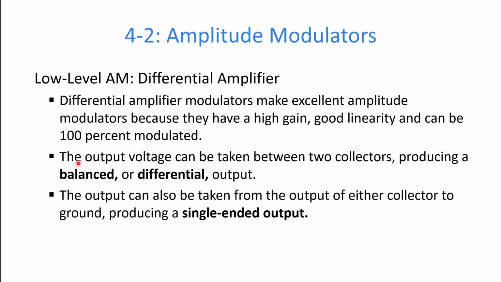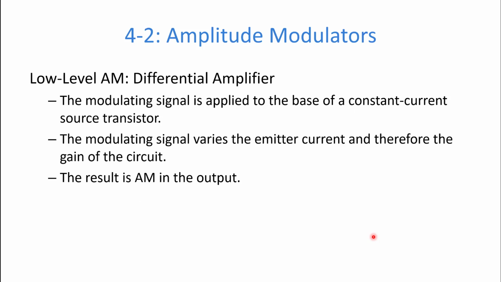You can have up to 100%. The output voltage can be taken from the two collectors of the balanced output, or you're going to have a single-ended output. And the single-ended output is probably the more popular thing out there. Even though nowadays with so much integration, I think most folks are using differential outputs as well.